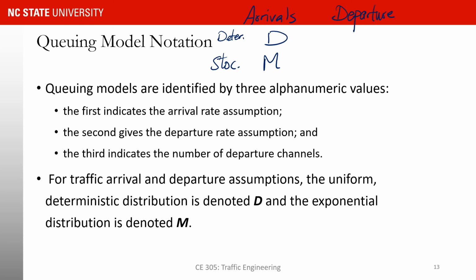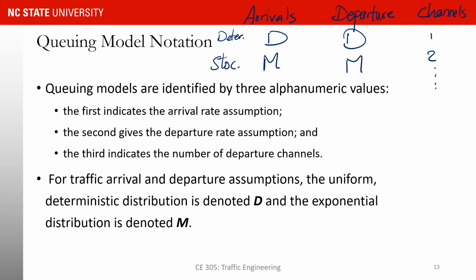If departure is deterministic, we use the letter D. If it is stochastic, we use the letter M. And then we also know the number of channels that we have, given by a number, 1, 2, 3, or something else.